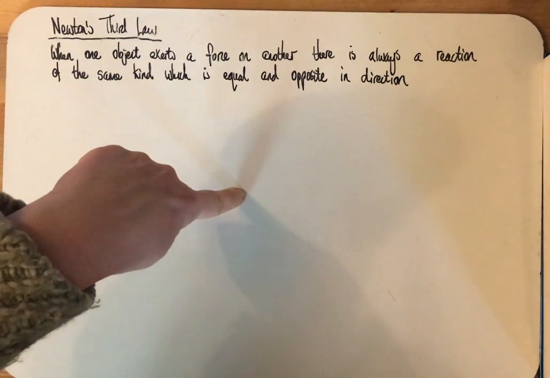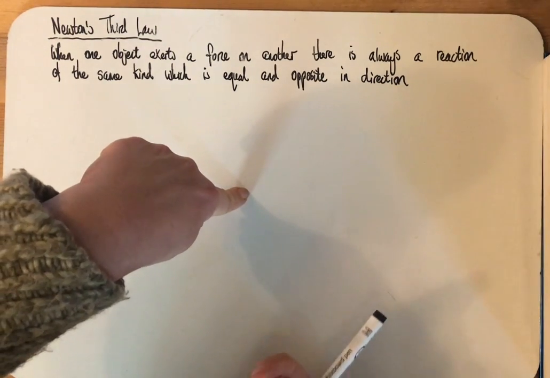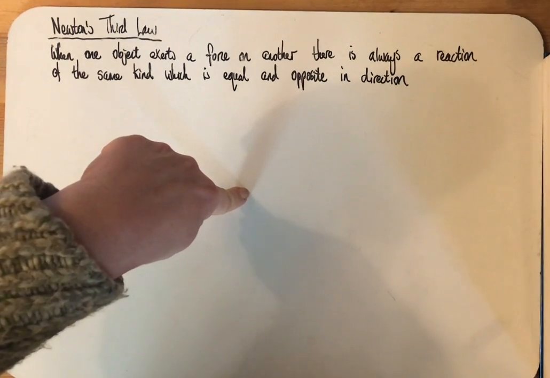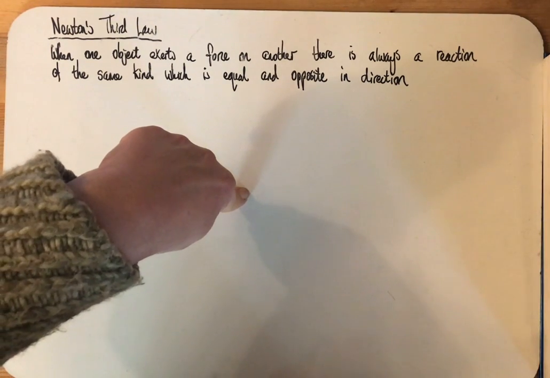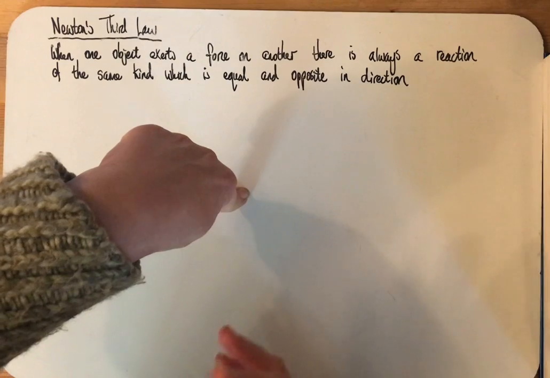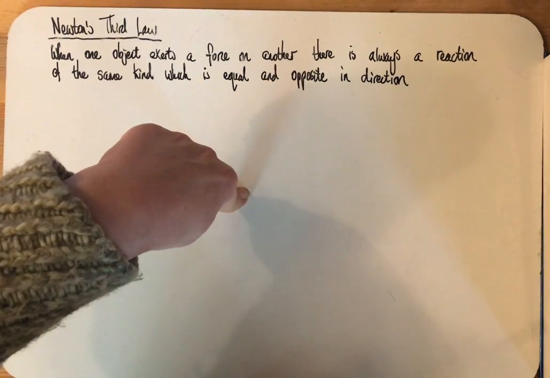So if I push down, there's a reaction force that's pushing up from the board onto my finger that's equal to the force that I'm pushing down with. And if I push down harder, that reaction force will increase by the same magnitude.